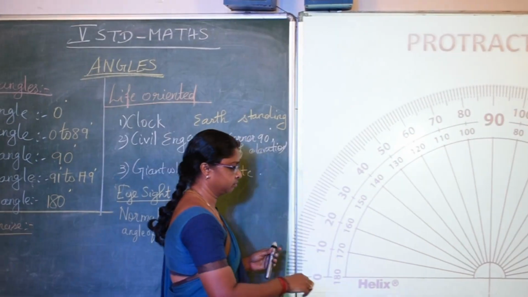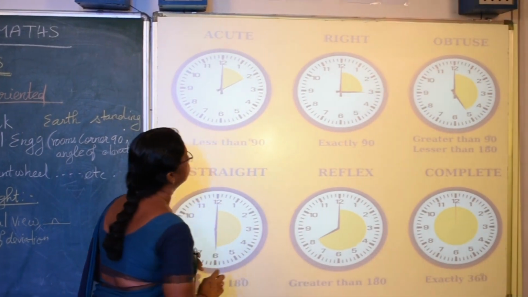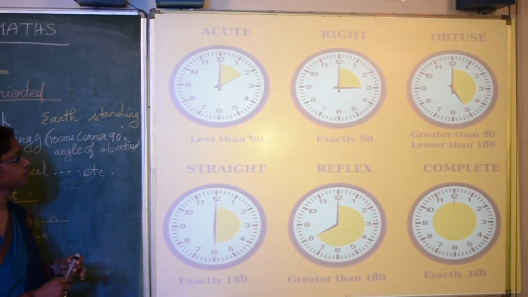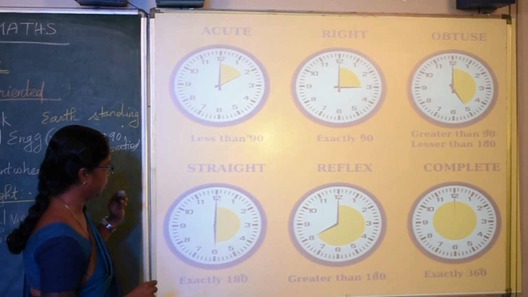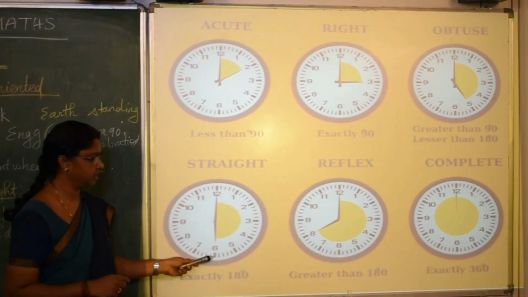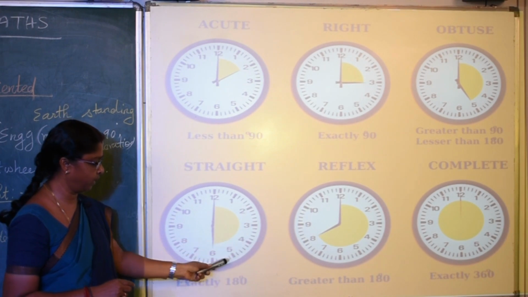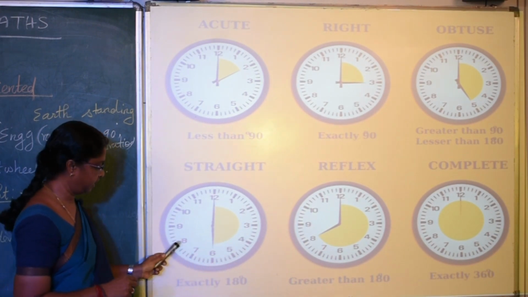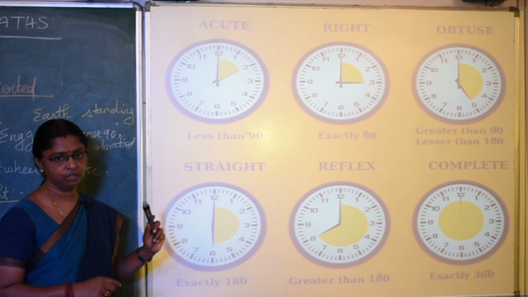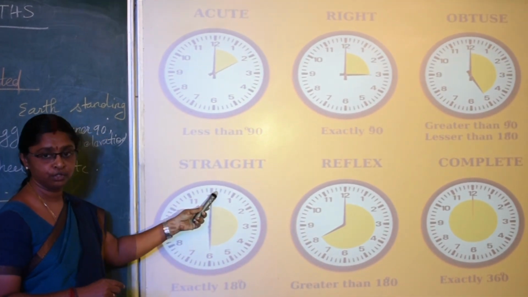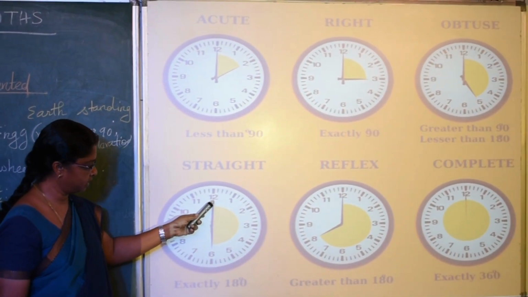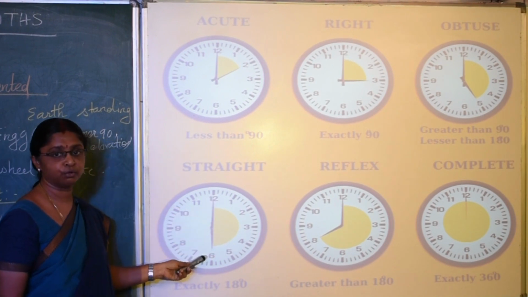We can see all the angles with the clock. The time goes 1 o'clock, 2, 3, 4, 5, 6, 7, 8, 9, 10, 11, 12 o'clock.